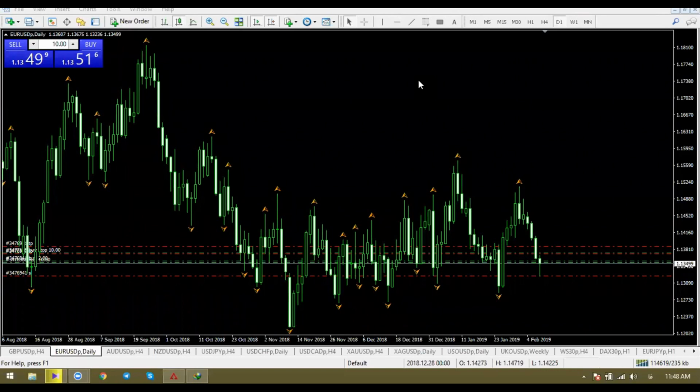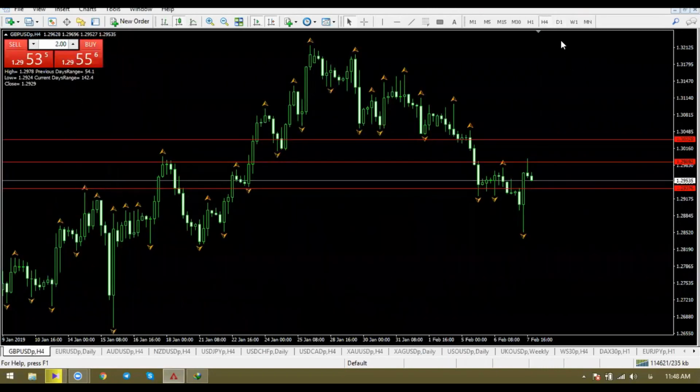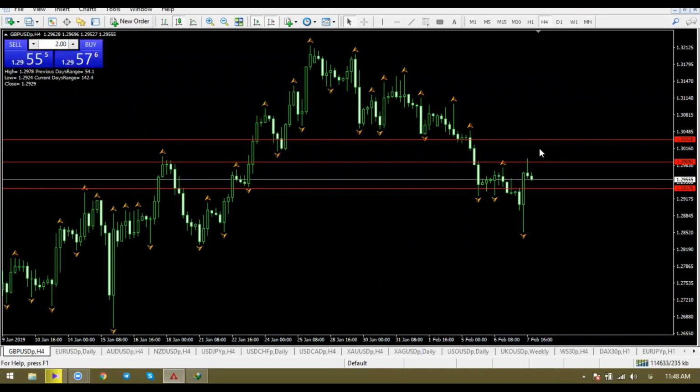Teacher, the price between the pivots, how much does it go up and down until it breaks? How many candles does it continue? It's not definite. It just goes until it breaks. That's where you do give and take.